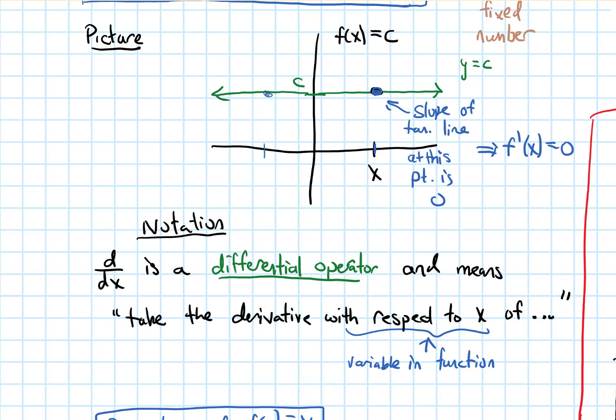Later in our course, we'll sometimes be dealing with equations that have more than one variable floating around on both sides. And in those situations, we'll need to be specific about what variable we're taking the derivative with respect to. So if I practice using this notation, I would say d dx of a constant c is equal to 0. So we now have a formula for the derivative of a constant function.